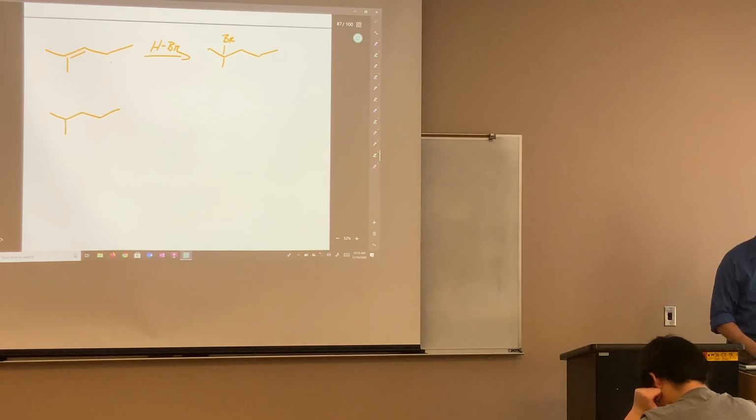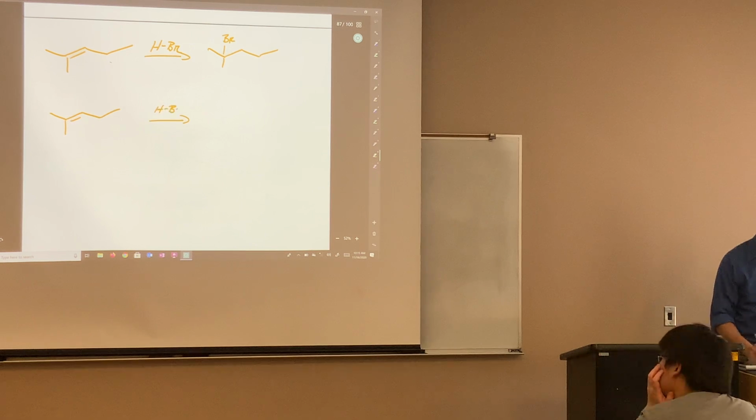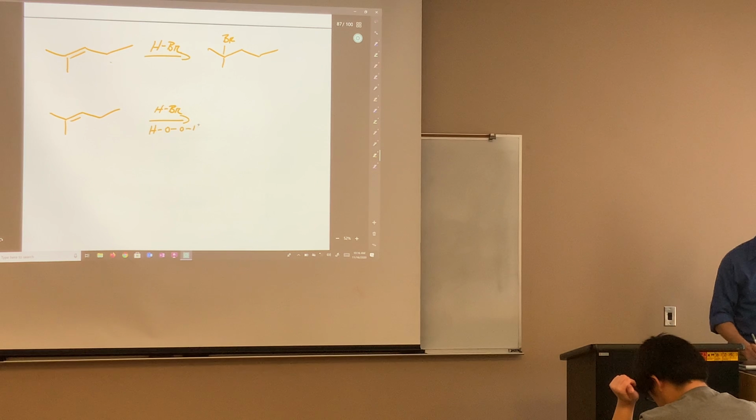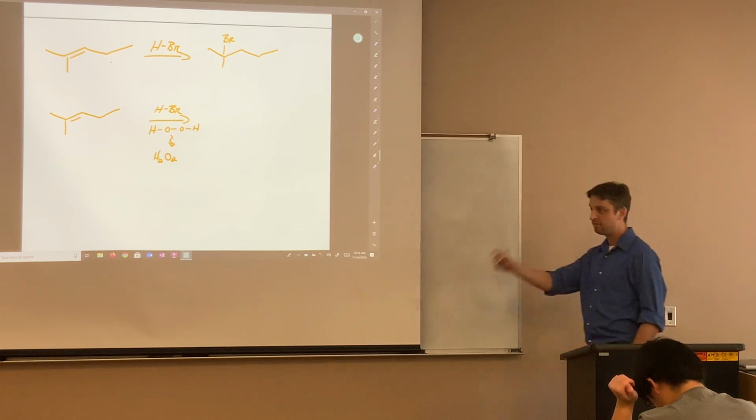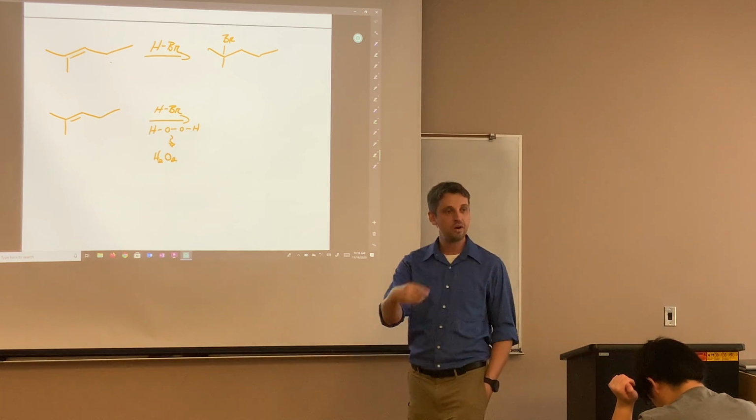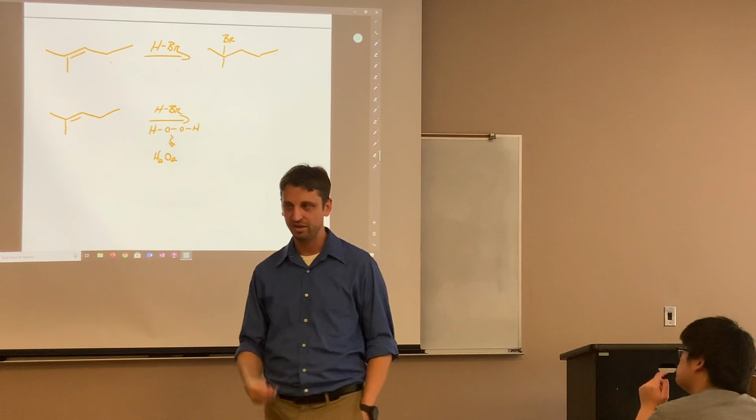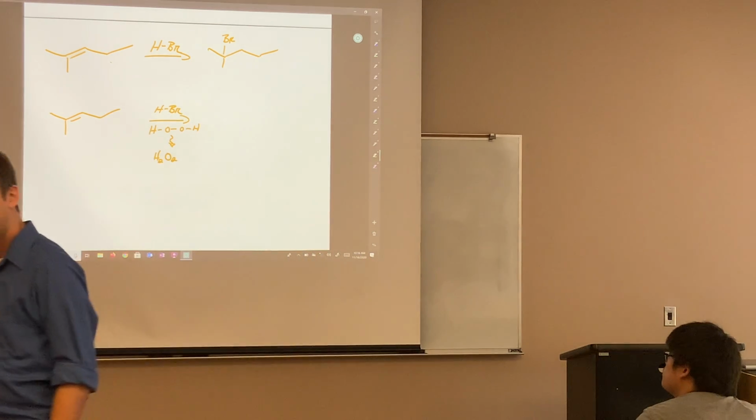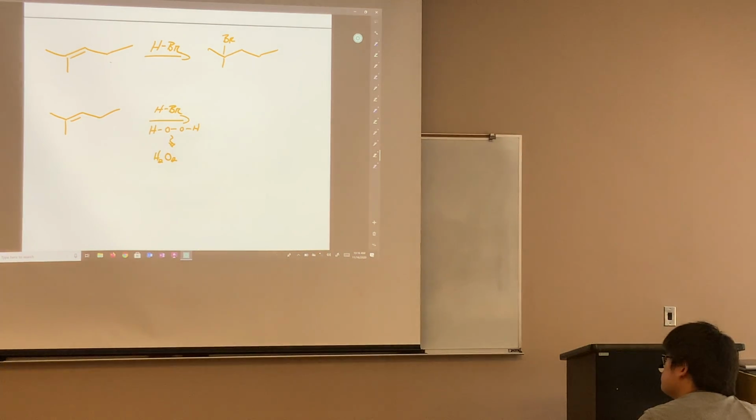Not always useful, right? Sometimes we need to put a bromine in a different place. So, this is our buddy H2O2, right? So now we put HBr in with a peroxide. Now, what did we say about peroxides?